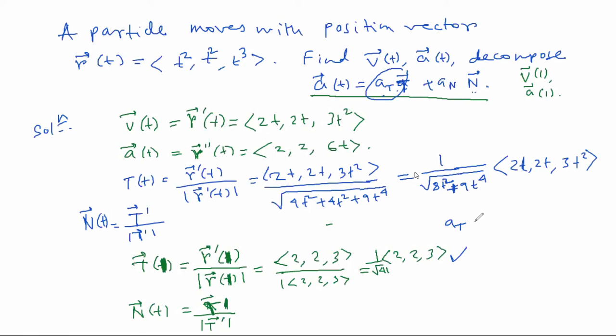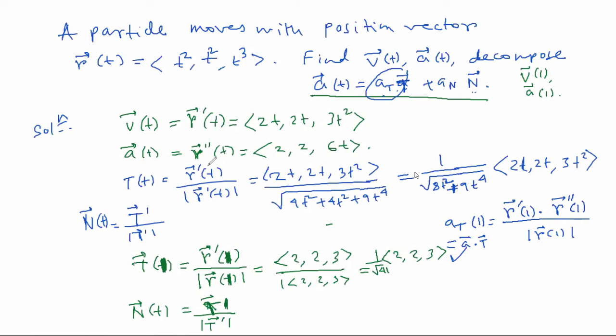AT at 1 is r prime at 1 dot r double prime at 1, divided by the magnitude of r prime at 1. Or you can do it the other way: a dot T. That's also another way to do that. I don't know which one is easier.